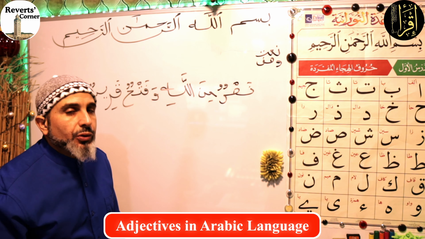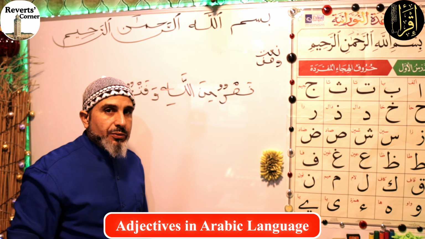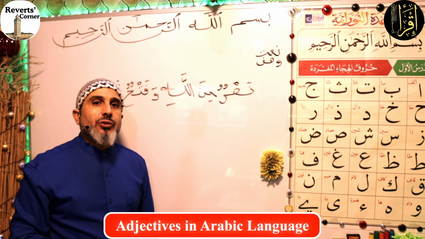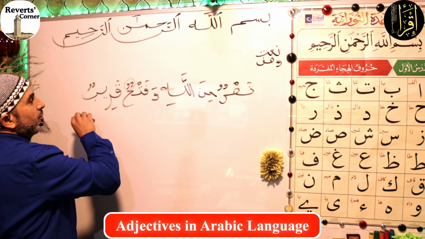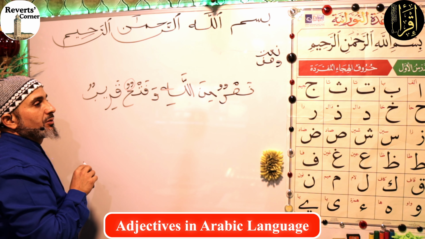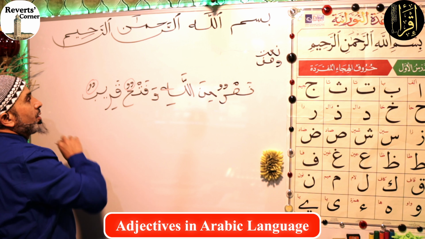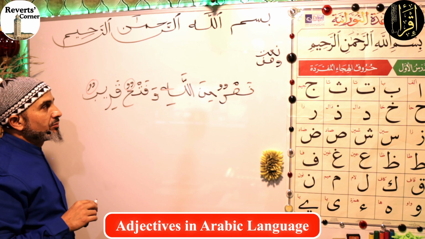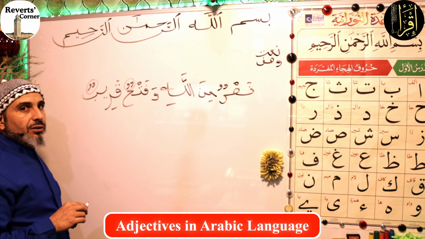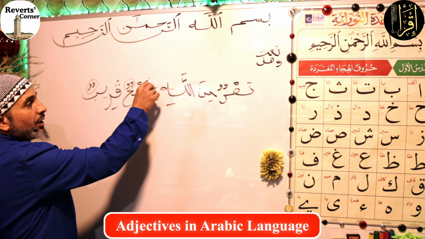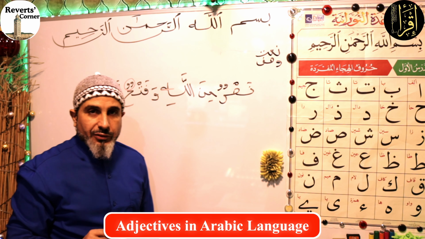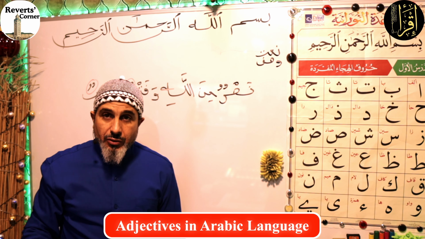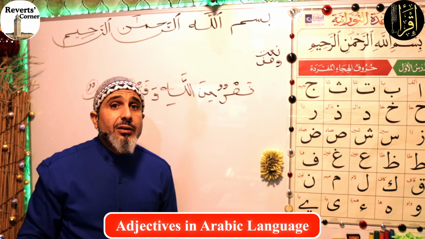Nasrun min Allahi wa fathun qareeb. Help from Allah subhanahu wa ta'ala and a near victory. Now, what do you notice here? Al-Rafa' in the fath. Al-Rafa' in the adjective. You see? And it is also an indefinite. The adjective is also an indefinite. May Allah subhanahu wa ta'ala grant this ummah a near victory.